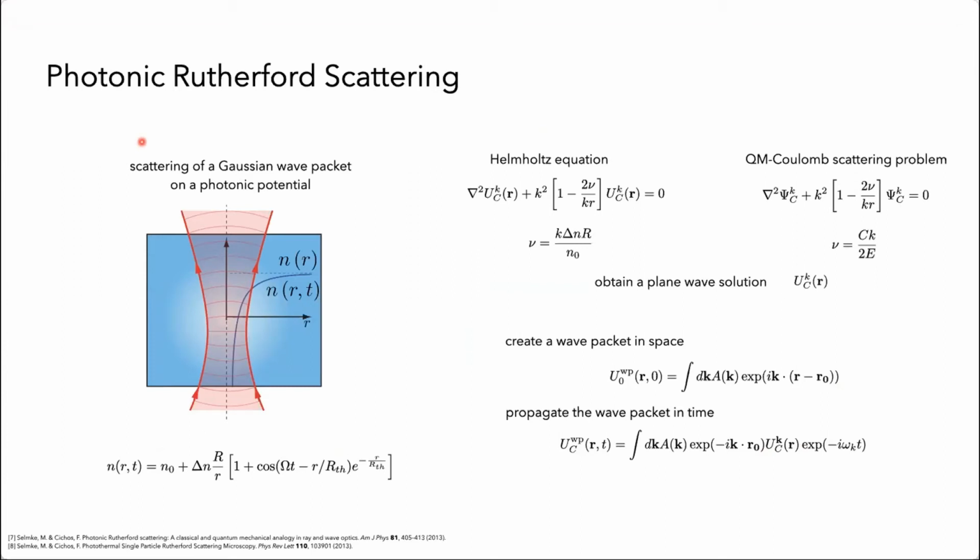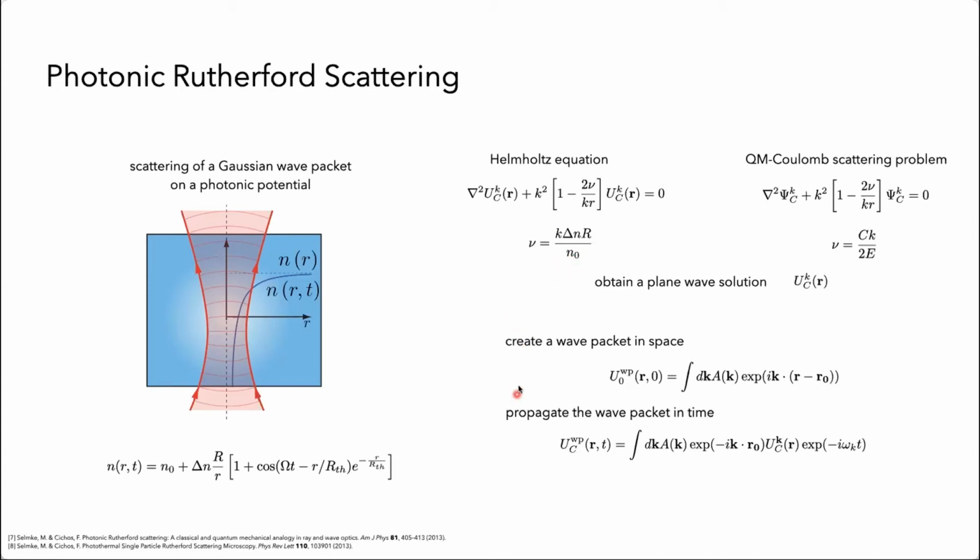So you scatter waves essentially on a Coulomb potential, and that is the quantum mechanical Coulomb scattering, where you see here the Schrödinger equation on the right side with the interaction constant, where C is just the force constant of the Coulomb interaction. So there's the 1 over r potential inside. You can write down your photonic problem, which was introduced before in the Helmholtz equation, which is equivalent to the Schrödinger equation, where you have the same kind of structure, only the nu here has to be replaced by the refractive index contrast, the size of the scatterer, the wave factor, and the background.